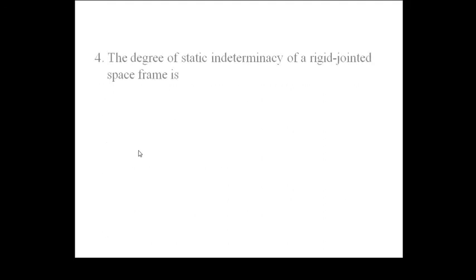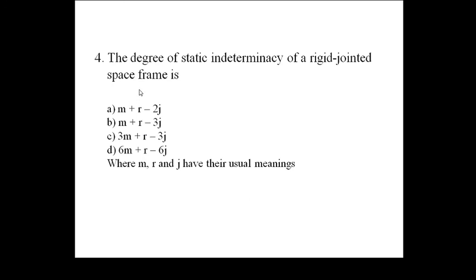Then coming to the next question, the degree of static indeterminacy of a redundant joint space frame is: M plus R minus 2J, M plus R minus 3J, 3M plus R minus 3J, 6M plus R minus 6J.